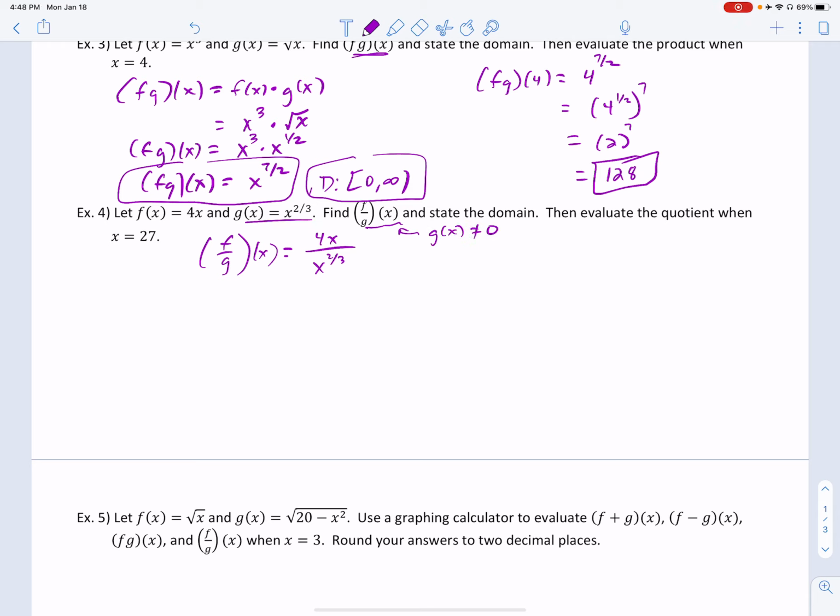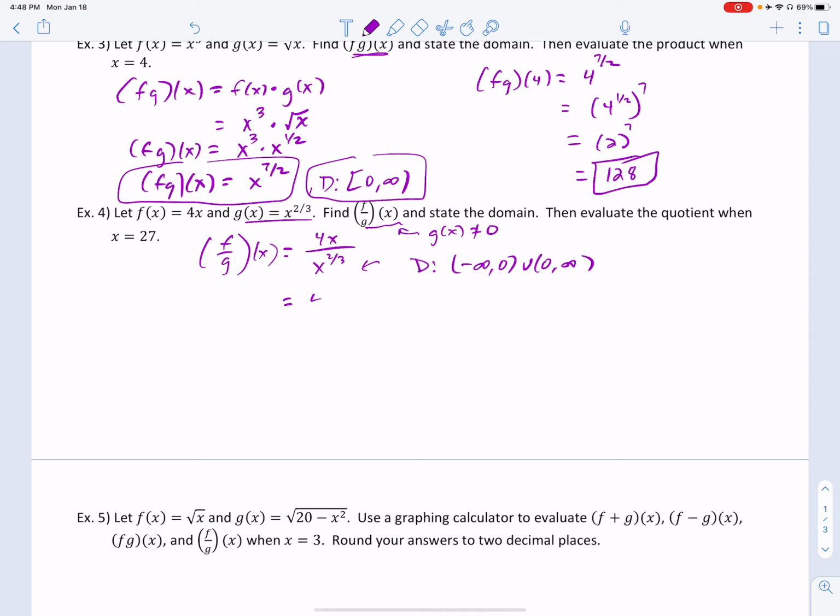And so we have to think, what value of x makes g of x 0? And that is going to mean that my domain can't let this be 0. After you simplify it, it might disappear. So you've got to think right away, what value of x makes g of x 0? And it is 0. So my domain is negative infinity to 0 union 0 to infinity. It's all reals except for 0.